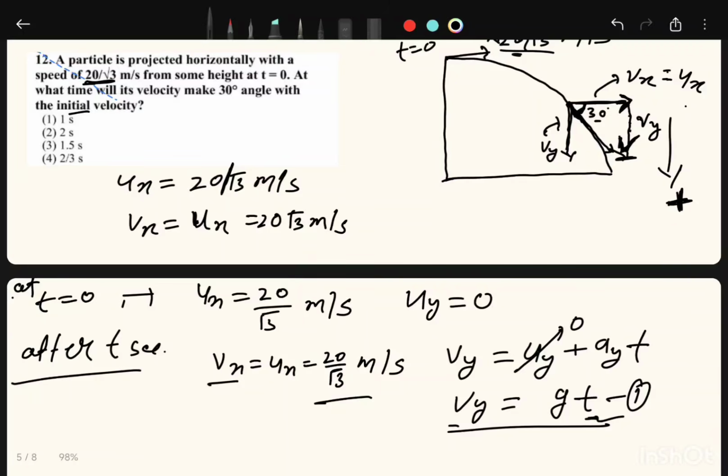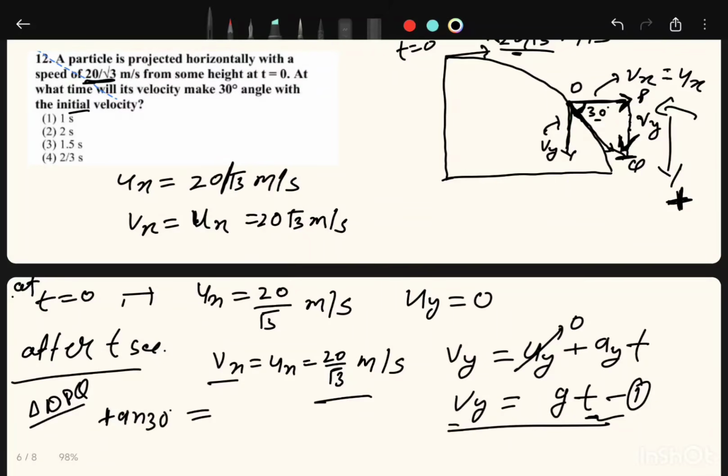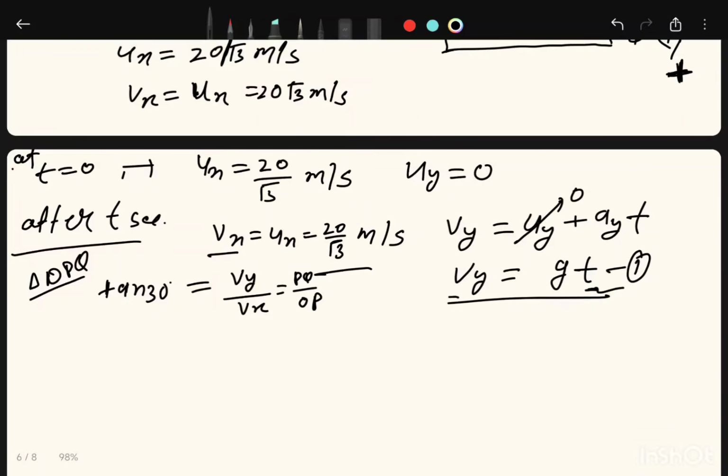So in this particular triangle, let's call it triangle OPQ, tan 30, that is tan theta, is equal to perpendicular by base. Perpendicular will be equal to vy and base will be vx, that is PQ by OP, right?